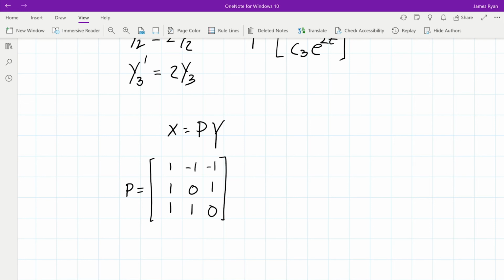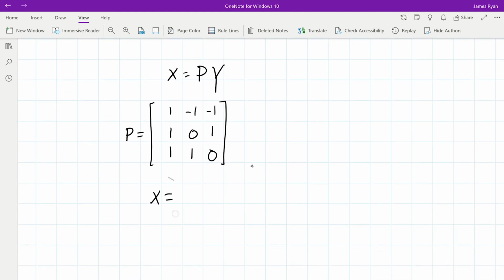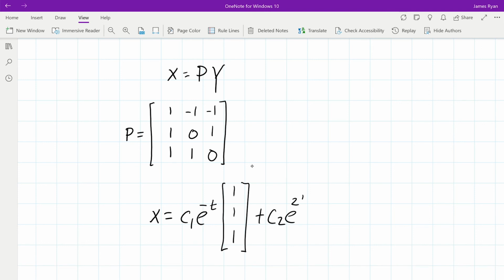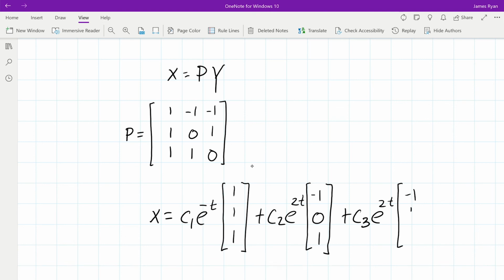This is P. So x will be, if we write this out in sort of a matrix algebra form, x is c1 e to the minus t times 1, 1, 1 plus c2 e to the 2t times negative 1, 0, 1 plus c3 e to the 2t times negative 1, 1, 0.